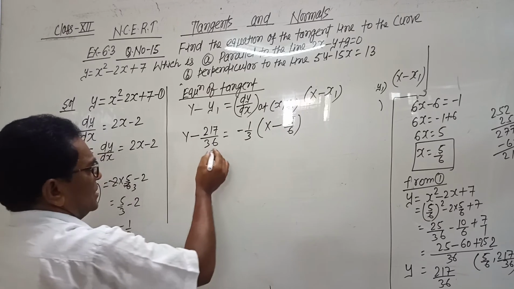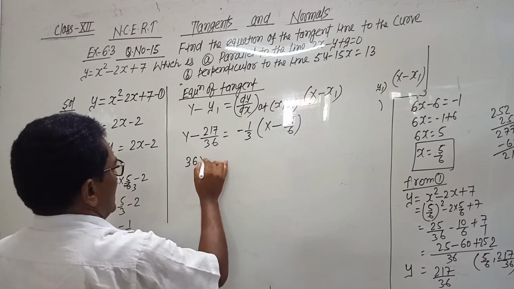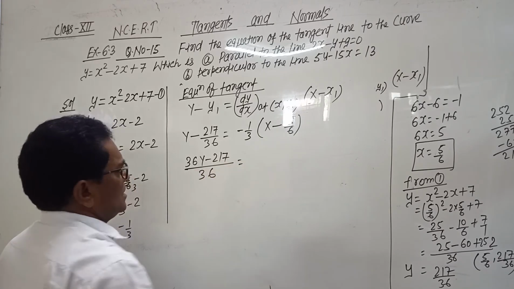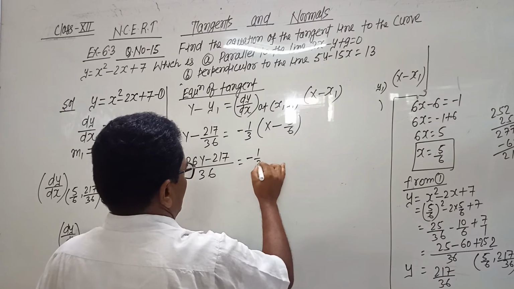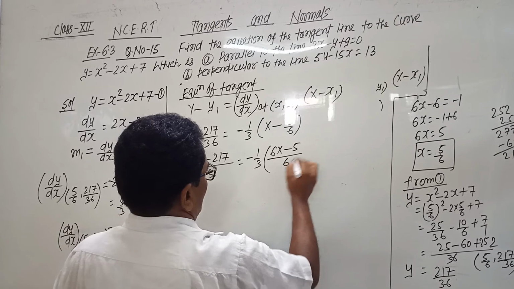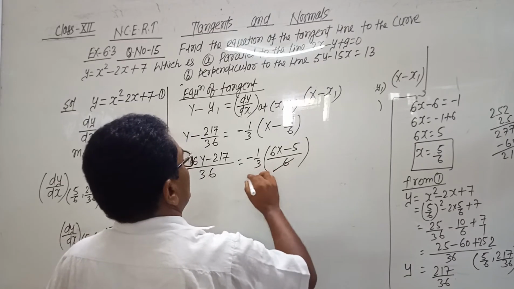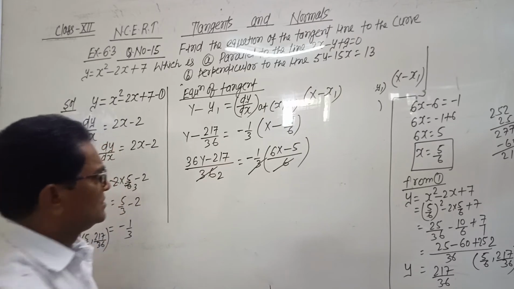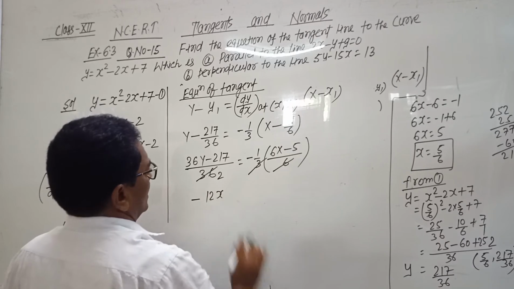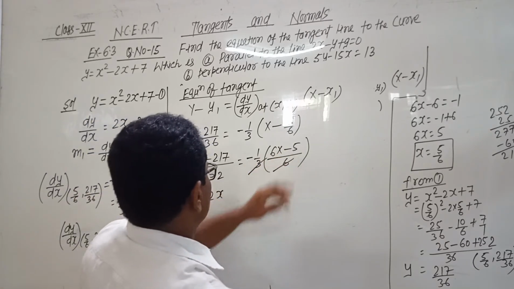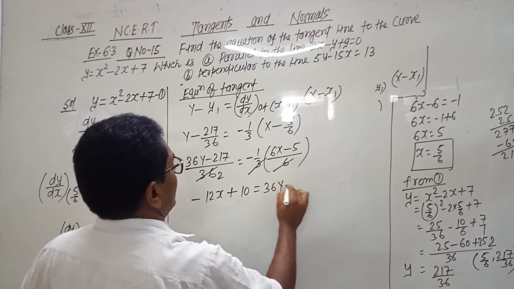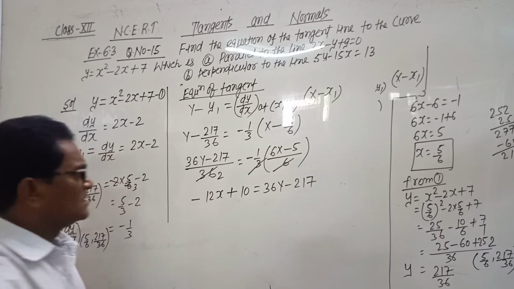So we solve this. It comes to 36y minus 270 upon 36 equals minus 1/3 times 6x minus 5 upon 6. So 6 into 3 is 18, 18 times 2 is 36. So we get minus 12x plus 10 equals 36y minus 270.